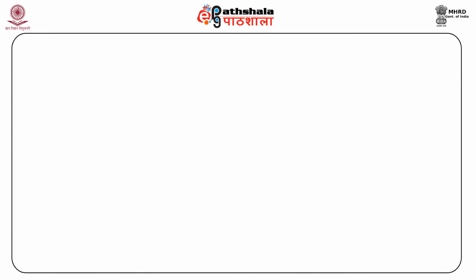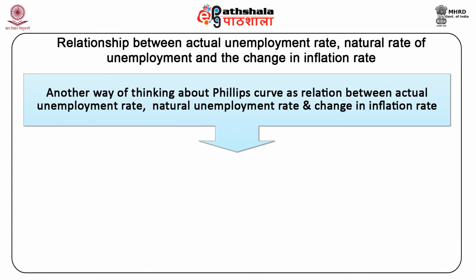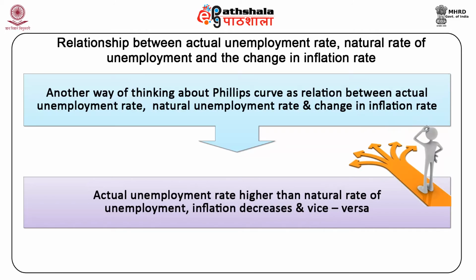This gives us another way of thinking about the Phillips curve as a relation between the actual unemployment rate, the natural unemployment rate, and the change in the inflation rate. When the actual unemployment rate is higher than the natural rate of unemployment, the inflation decreases and vice versa.